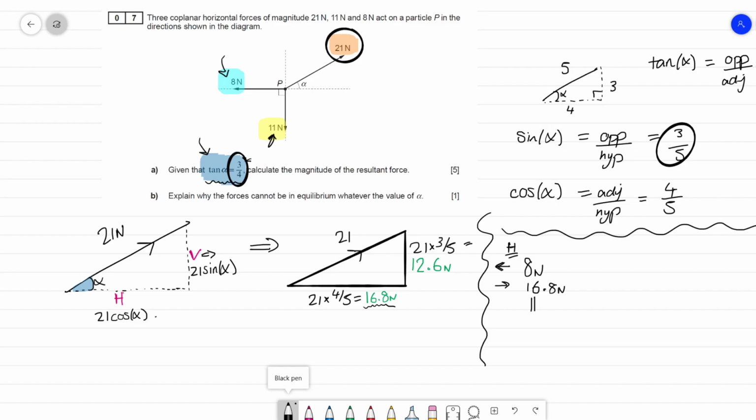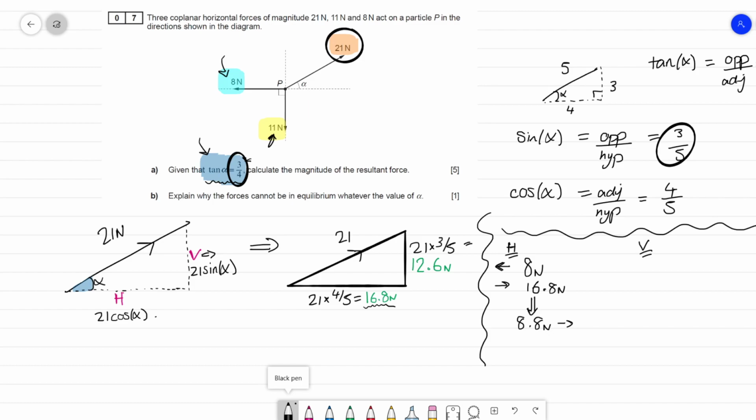Taking that into account, this one's bigger. 16.8 take away 8 is 8.8. So the resultant that way is 8.8 newtons to the right.